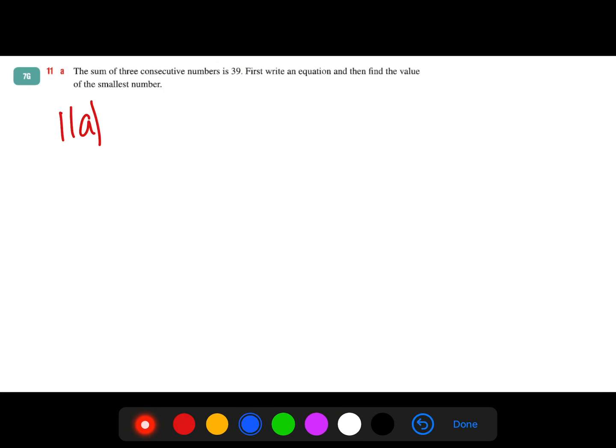Now, to do this algebraically, I will make the smallest number equal to x. So the next number will be x plus 1. Then the next number will be x plus 2.